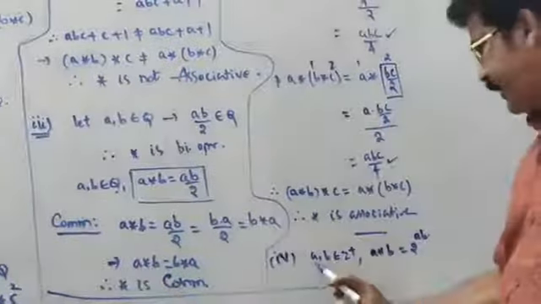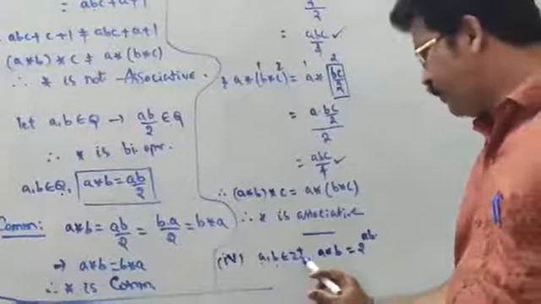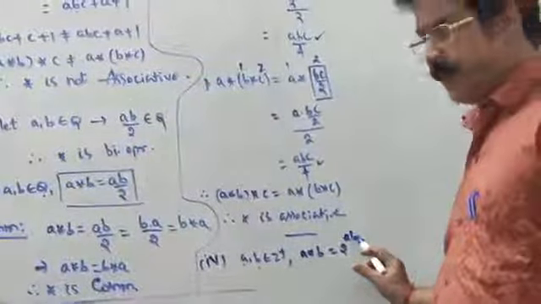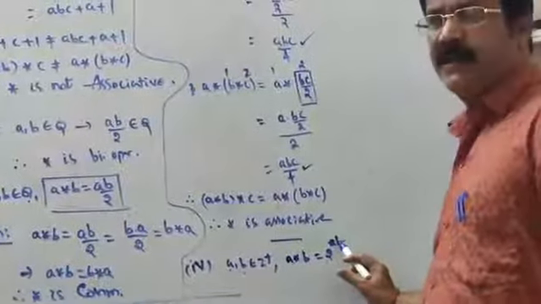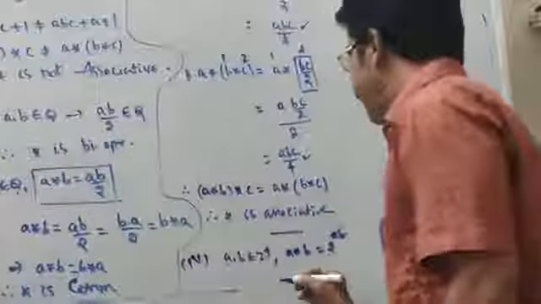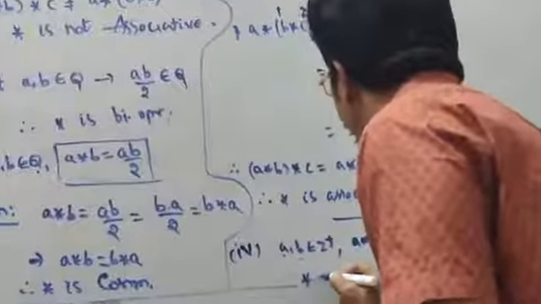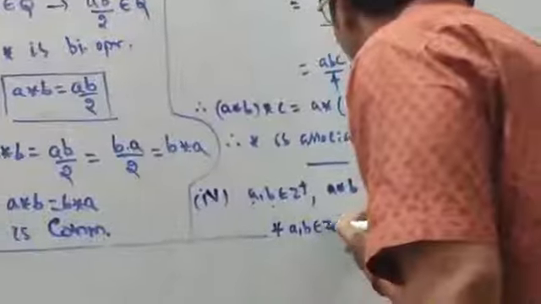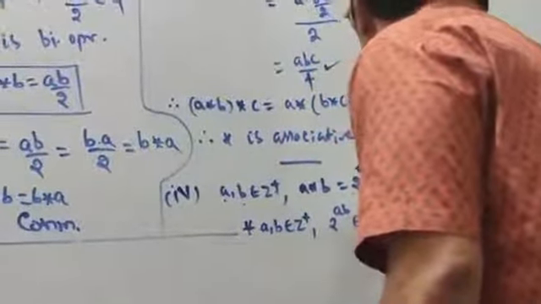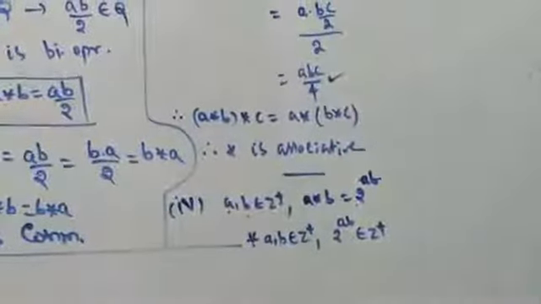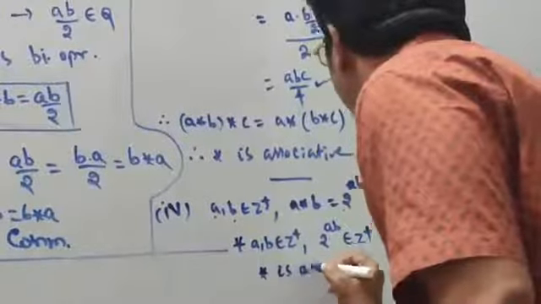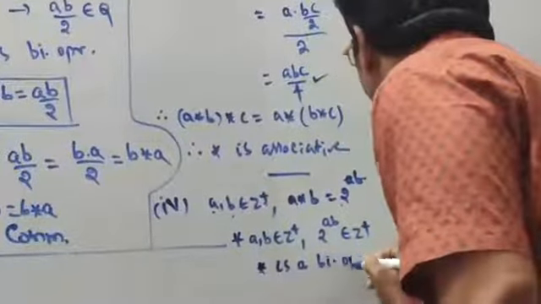Clearly you can take any two positive integers, then a into b is also a positive integer, and 2 power a positive integer is again a positive integer. Therefore for all a, b belonging to Z plus, 2 power ab also belongs to Z plus. Therefore star is a binary operation.